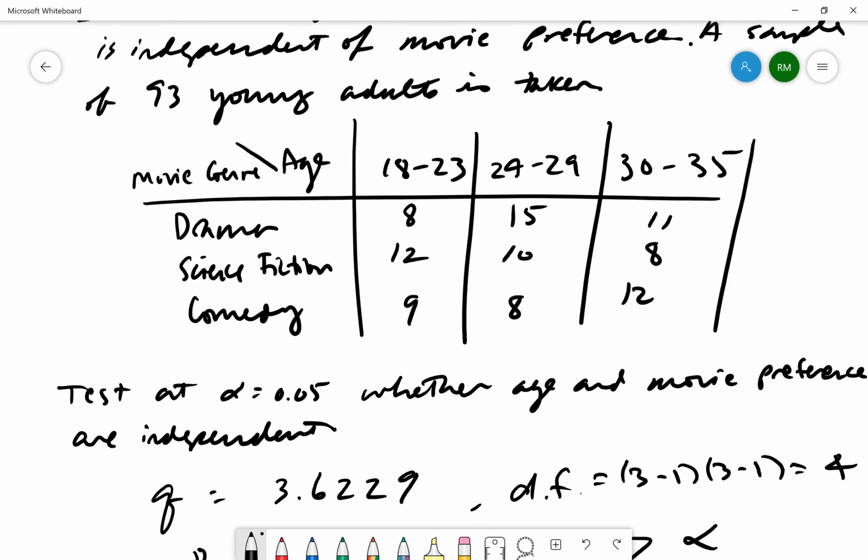If you put in older people, 50-year-olds, 70-year-olds, you would expect their preferences to be a little bit different. For example, drama might not be as popular among older people. And if you go to grandparent age, science fiction would not be very popular. But in this age range, it doesn't look like it affects it too much. And so you would conclude that we don't have any evidence that suggests that they are not independent.